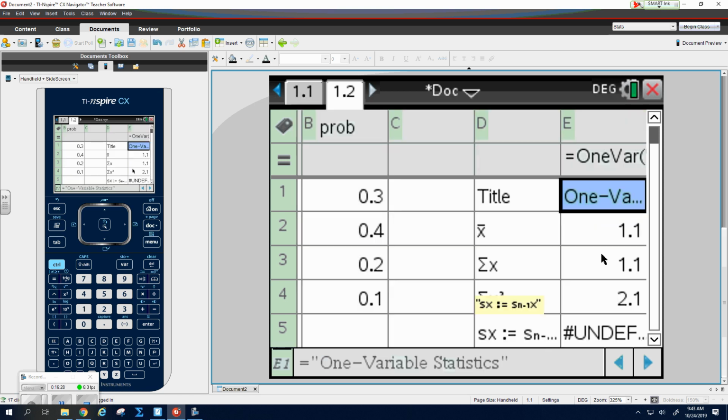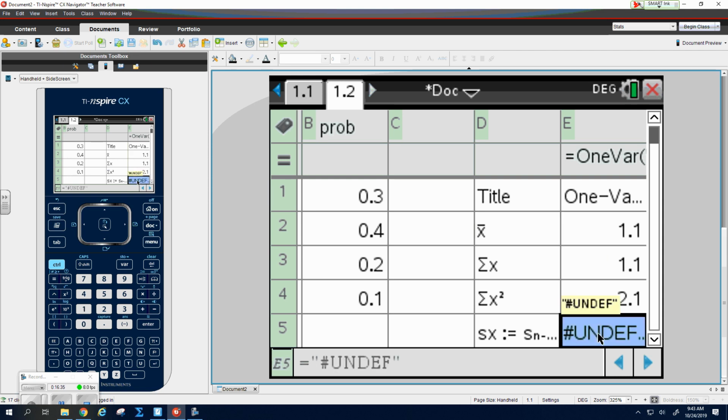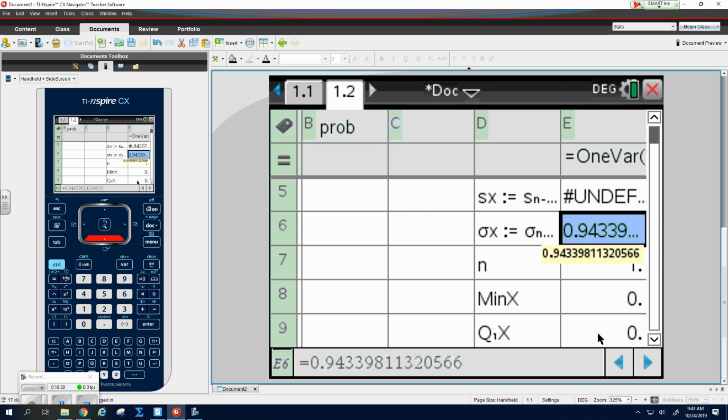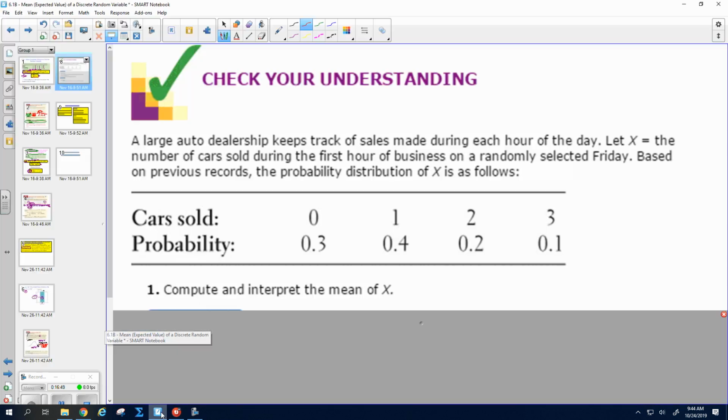The 2 things you need are the mean, 1.1, and notice S of X, that's usually what we use. It doesn't give us S of X, we use sigma X on this one. All right, sigma X for your standard deviation, which is 0.943. So compute and interpret the mean of X. I would expect to probably see all the work on this, although I would still use your calculator.